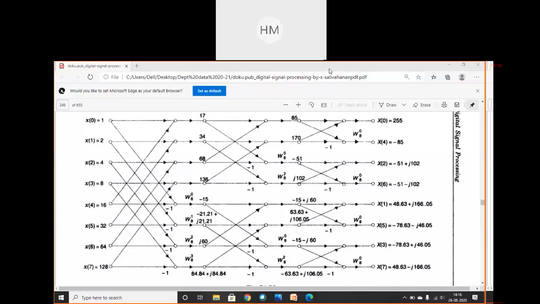Okay. And x5 कितना आ रहा है? So all are able to simplify this.